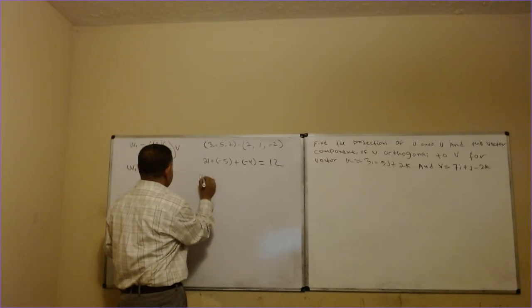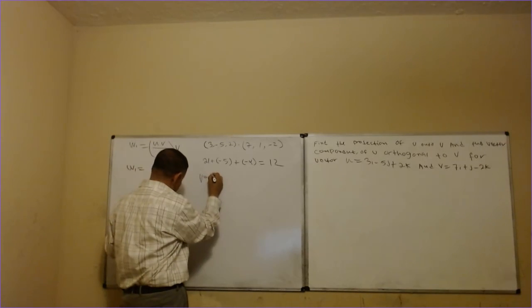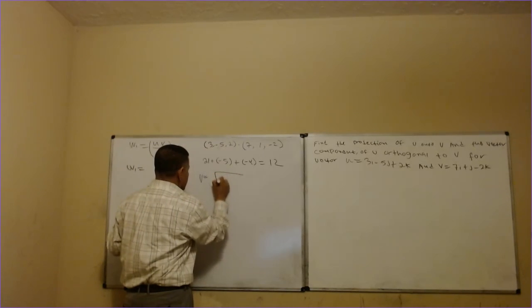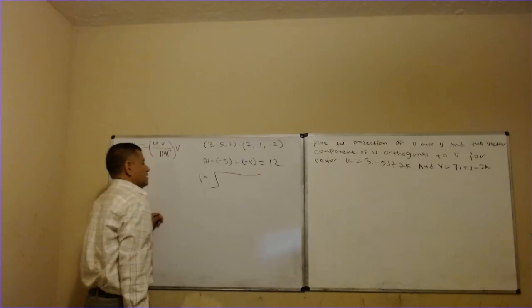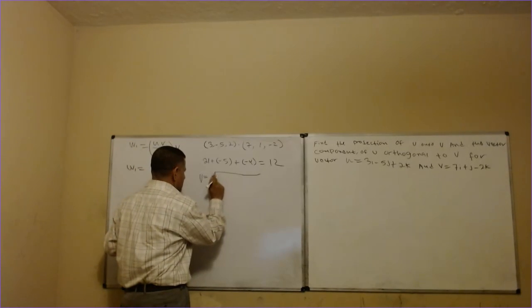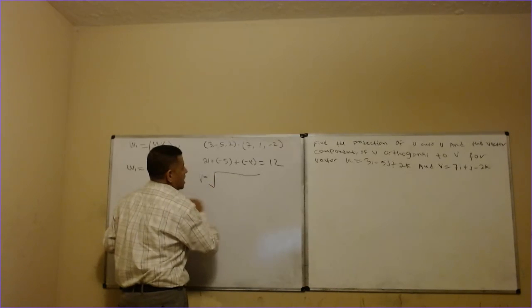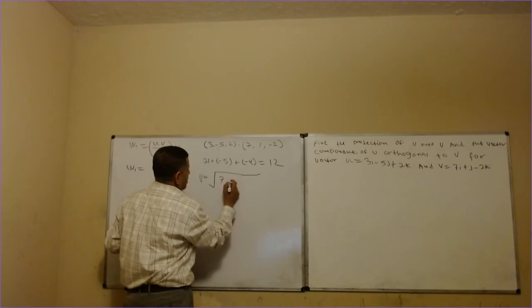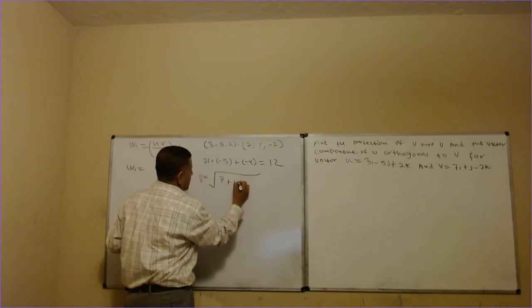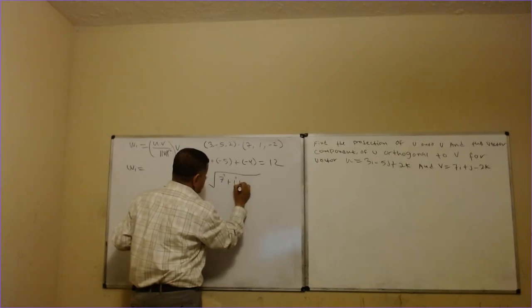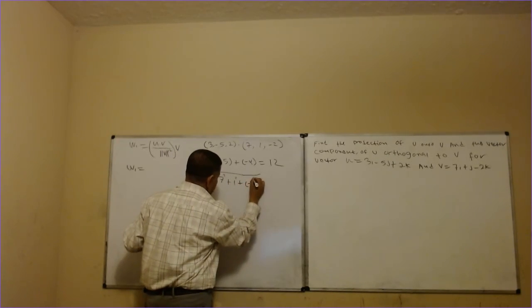So the magnitude of v is going to be equal to the square root of 7 squared plus 1 squared plus negative 2 squared, right?